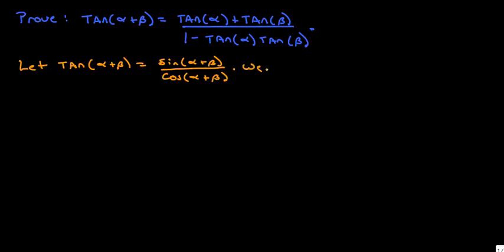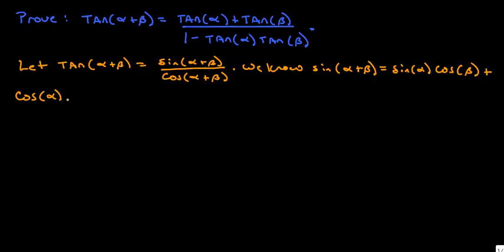We know that the sine of alpha plus beta is going to be equal to, let's see here, sine alpha cosine beta plus cosine alpha sine beta.